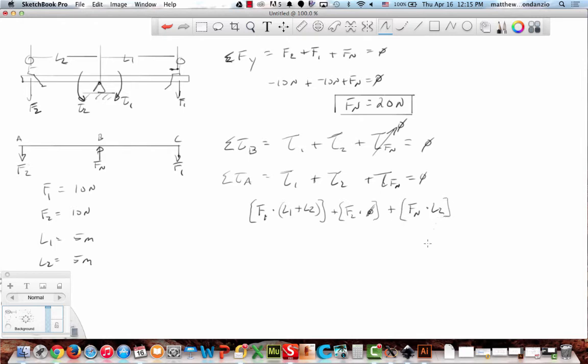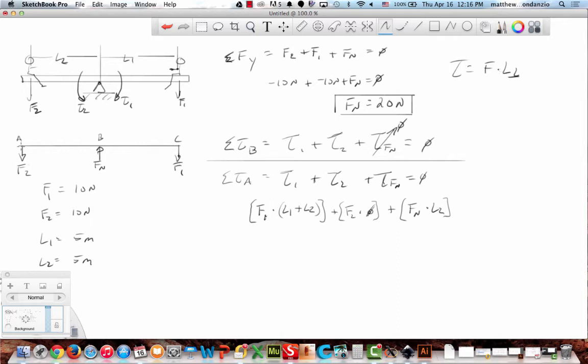You guys follow me? Wait, can you explain the second torque? Okay. In this new equation, we're summing the torques around point A. Torque is equal to force times the length perpendicular to the force, and that length is between the force and the point around which you are summing the torques.